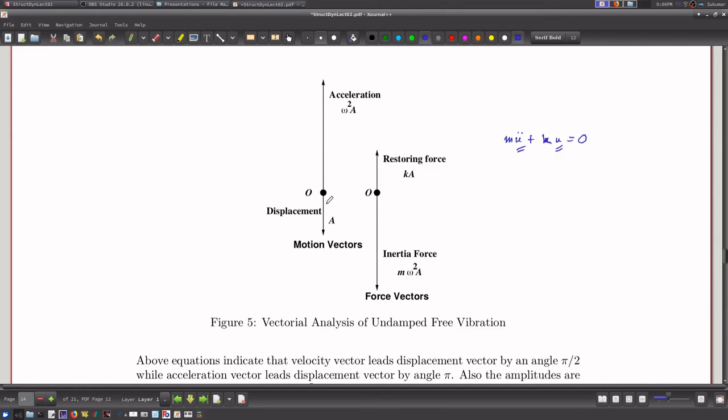Remember, these angles here mean phase difference only, because it is a phase plane diagram. Now if my motion vector is in this direction, then the restoring force will be in the opposite direction, and the inertia force will be opposing this acceleration vector, so it will be in this direction.